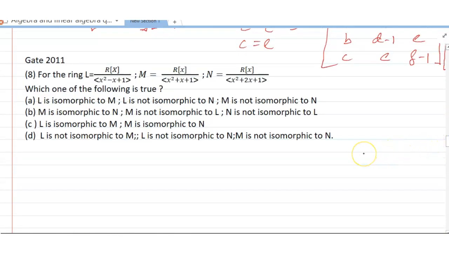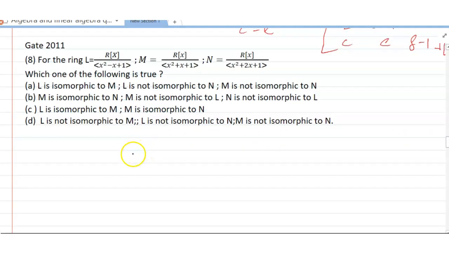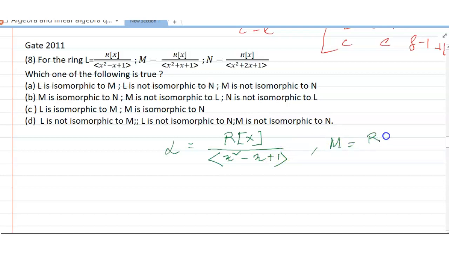Now let's solve GATE 2011. Now I am going to discuss group theory. So L equals R mod x square minus x plus 1, and M equals R mod x square plus x plus 1.